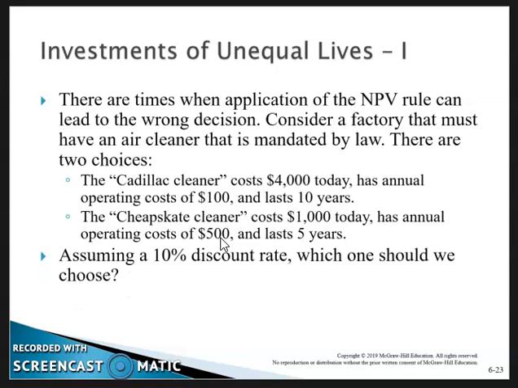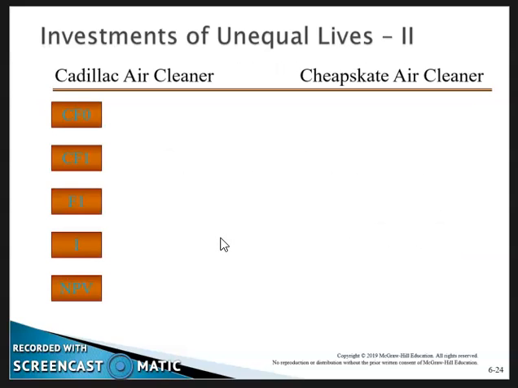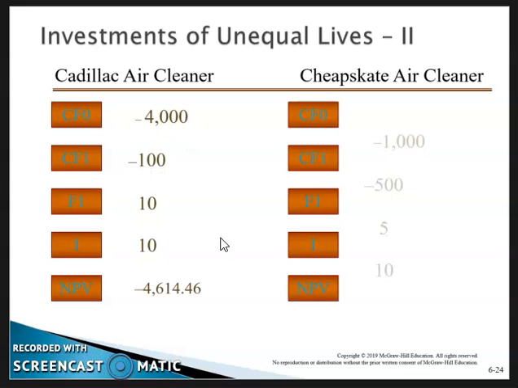Which should you choose? So if we calculate the NPVs, it's the initial costs of $4,000 for the Cadillac, $1,000 for the Cheapskate, and then the annual expenses are $100 for the Cadillac and $500 for the Cheapskate.